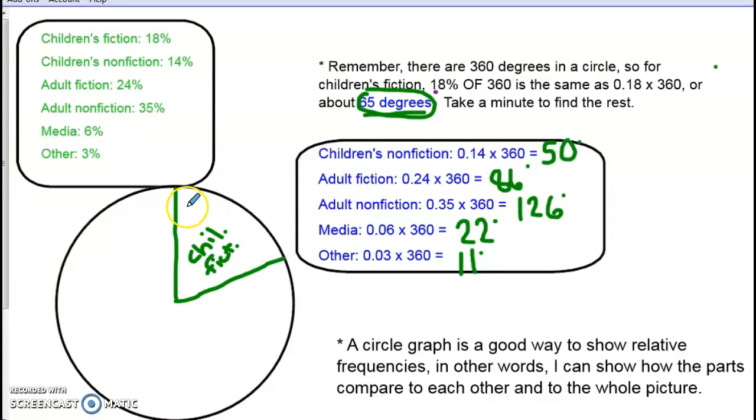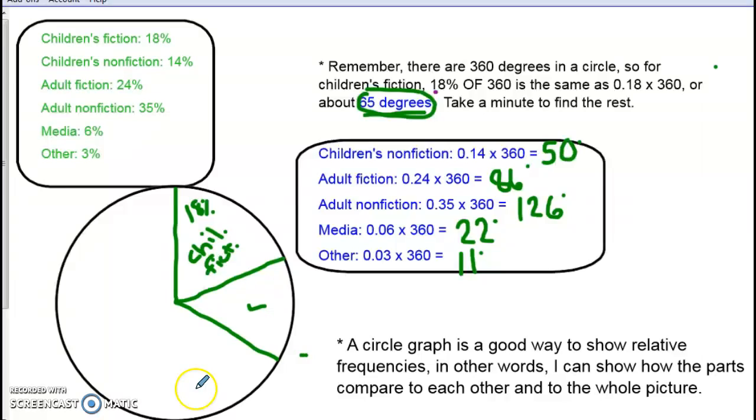So I can go ahead and write in there 18% also. Okay, and then I'm going to keep going. I'm going to do my children's nonfiction. So nonfiction, again, that's 50 degrees. That's about half of a right angle. So I'm going to go in there and I'm going to create my children's nonfiction. And I'm going to keep going like that until my circle is completely filled in.